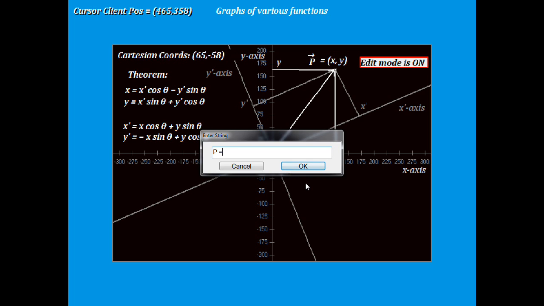P equals x hat i, right, plus y j hat, right? Oh, I'm not going to finish it yet. I'm going to keep going.